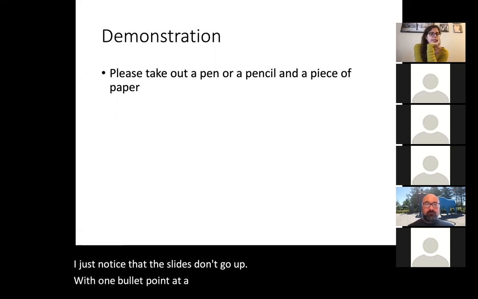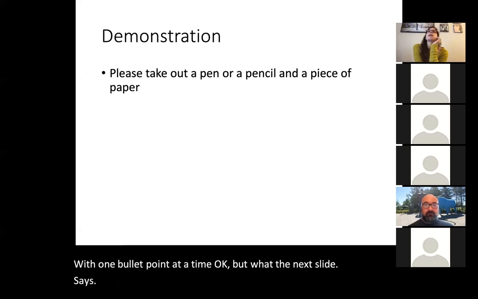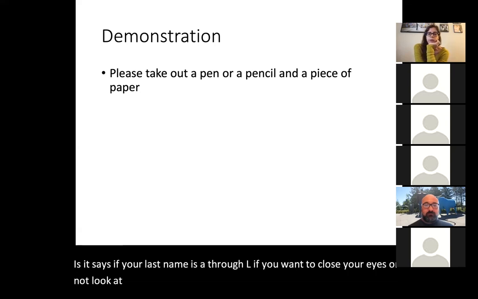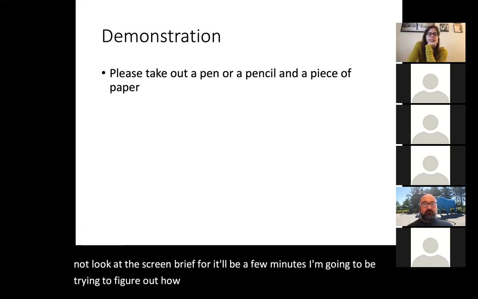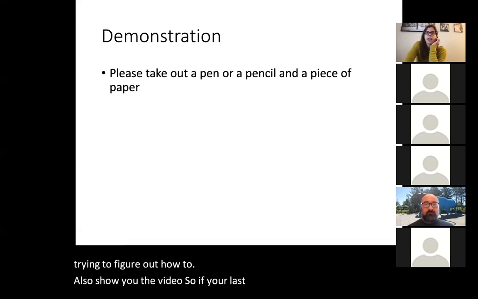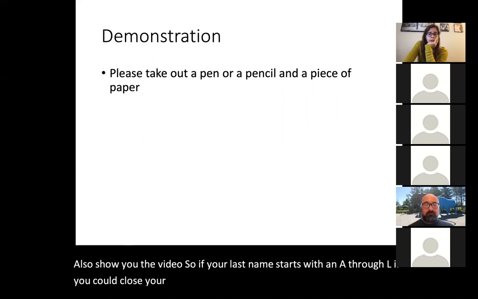What the next slide says is, if your last name is A through L, close your eyes or don't look at the screen. It'll be a few minutes, because I'm going to be trying to figure out how to also show you the video. So if your last name starts with A through L, close your eyes or look away from the screen.